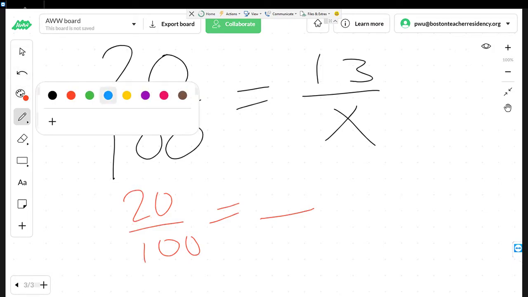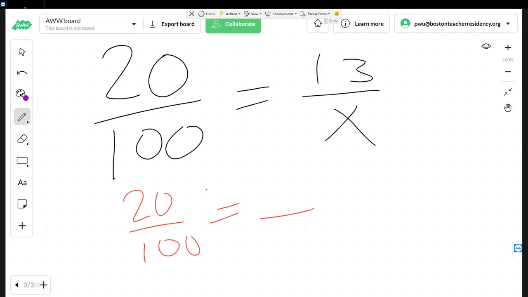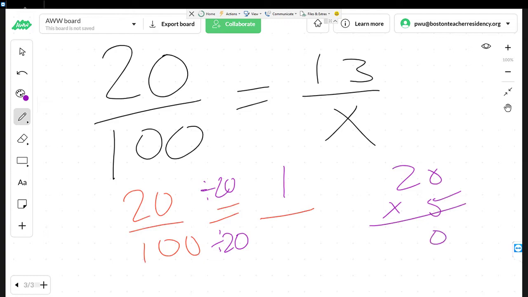So I'm going to divide both my numerator and denominator by 20. 20 divided by 20 is 1, and 20 times 5 is 100, so 100 divided by 20 is 5. So now that we know that 20/100ths is 1/5, we can rewrite our problem.